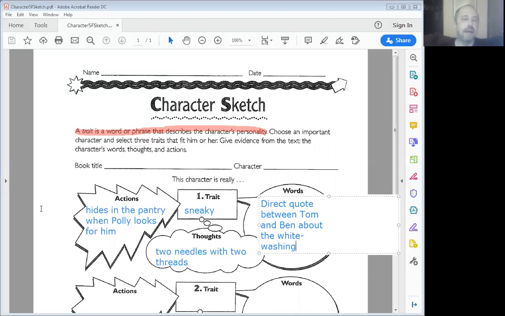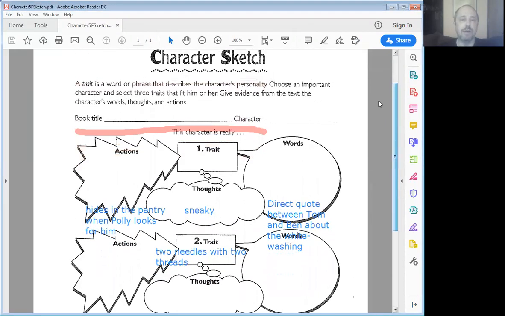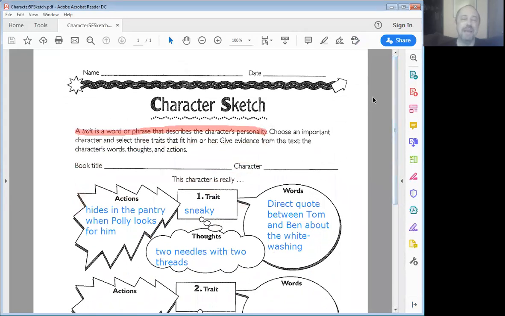All right. And when I put these things into sentence form in a paragraph, I will have shown with some key pieces of evidence from the novel that Tom Sawyer's kind of a sneaky guy. And I would do the same thing with other traits of Tom's. So I would do the same thing with trait 2 and trait 3.